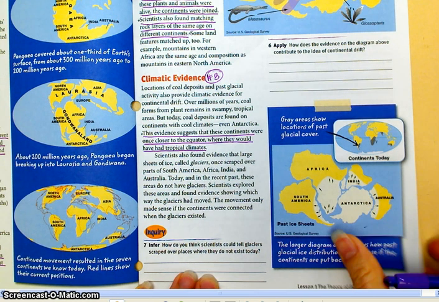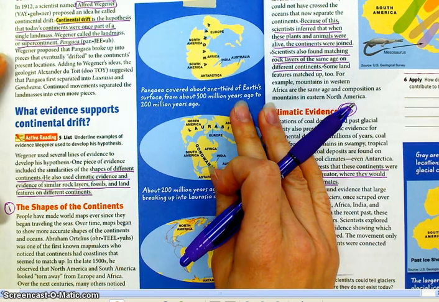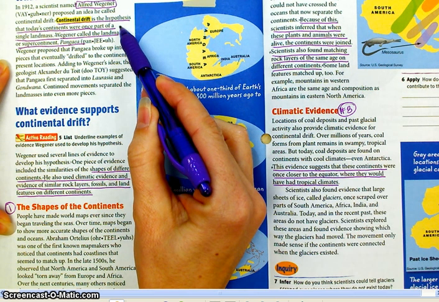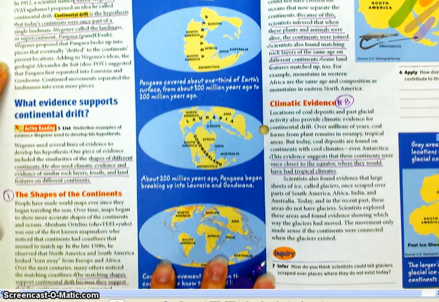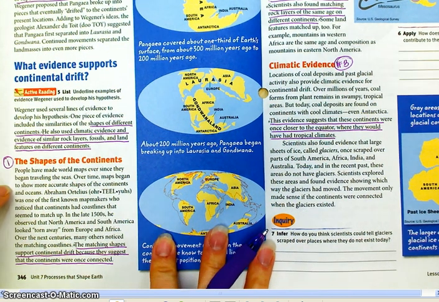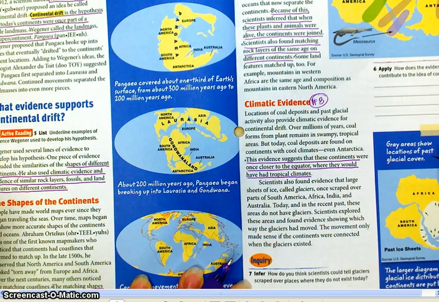All right, so one more time, let's sum it up. Drifting apart. Continental drift is the notion or the hypothesis that today's continents were once part of a single landmass, which Wegener called Pangaea. We have several pieces of evidence. The shapes of the continents that seem to fit together like puzzle pieces.